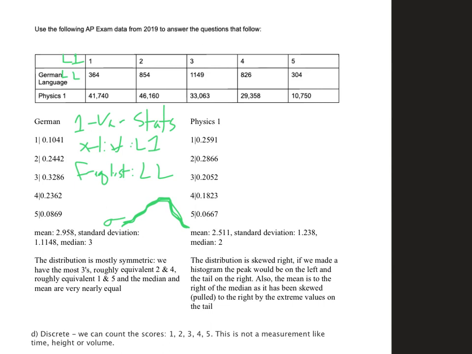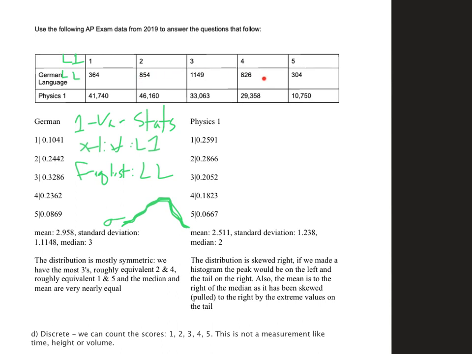And the other thing that we see there, like we saw in the previous question, is the mean and the median are almost the same. 2.958 and 3. Those are really, really close to each other. So there's not been much skewing of the mean away from the median. And you can see it is a little bit less because there are more ones than there are fives.